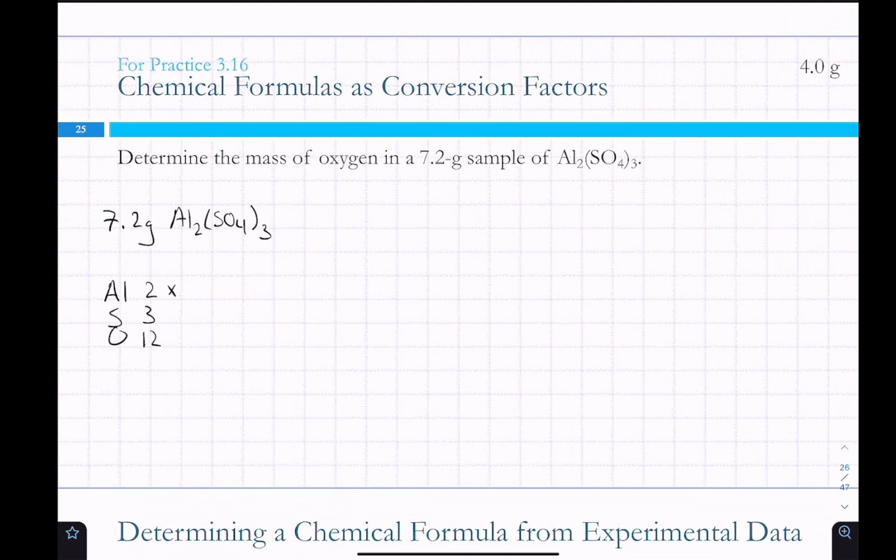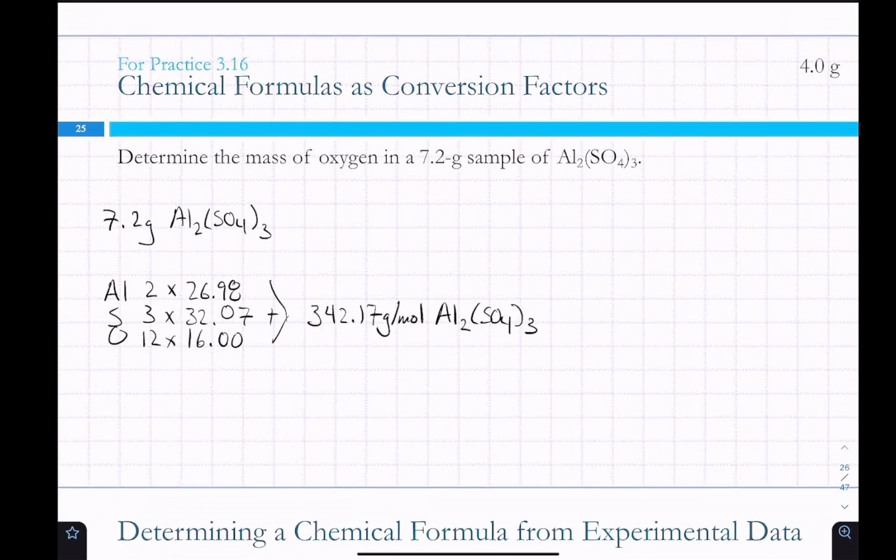Mass of aluminum is 26.98. Sulfur is 32.06. Oh, it's 0.7 on here. The other periodic table I used, it was 0.6. Oxygen is 16.00. So that gives the molar mass of aluminum sulfate.